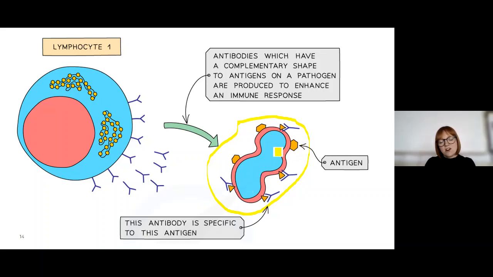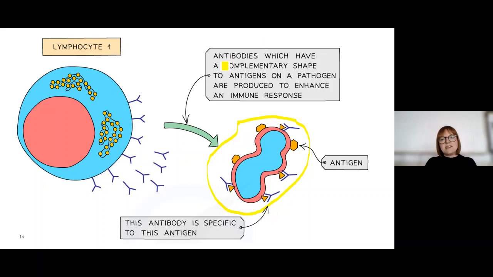This is a virus or a bacteria or a fungi, and they have these antigens, these very special proteins on the outside of the surface. The lymphocyte will come along, recognize them, and then start to produce antibodies. These are the Y-shaped structures that we can see. These are the antibodies that will fit the specific shape of the antigen.